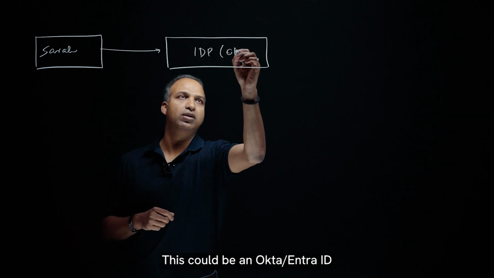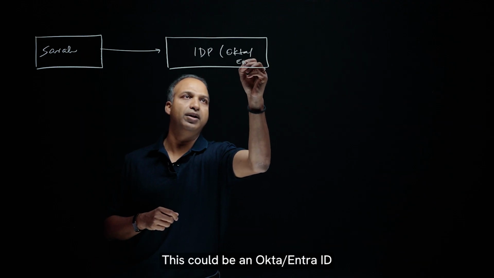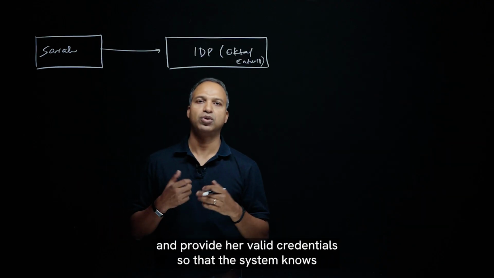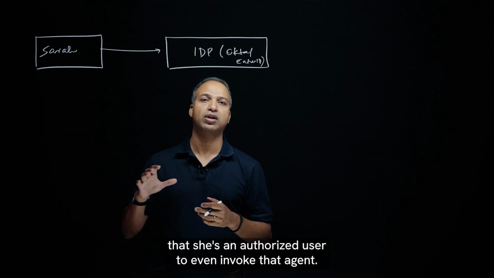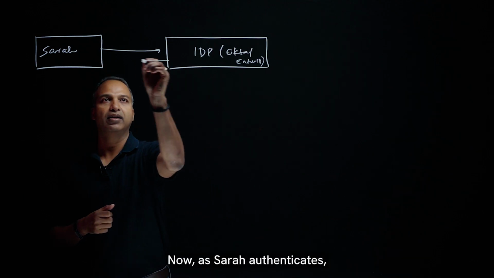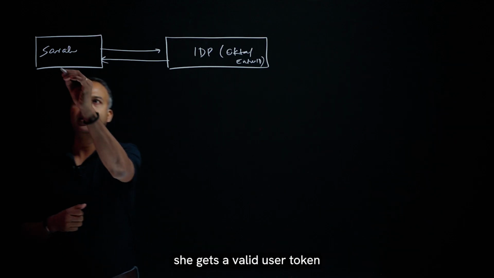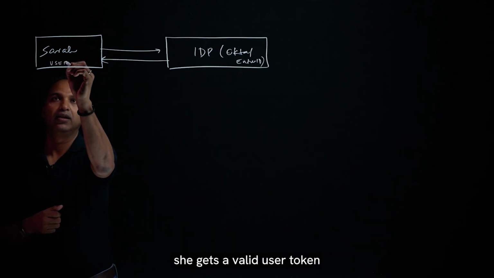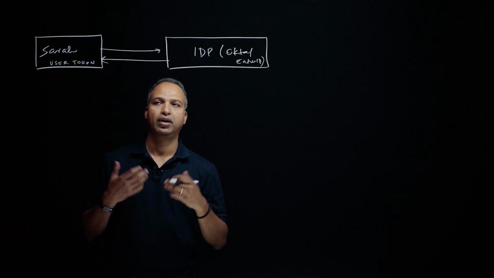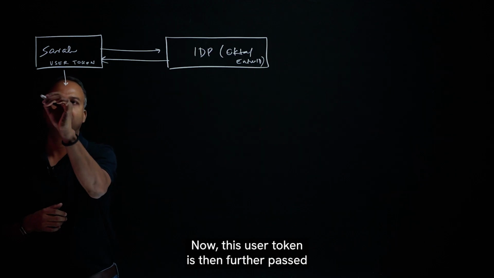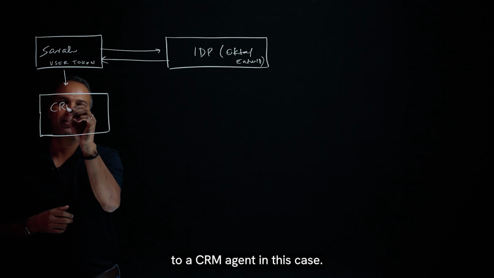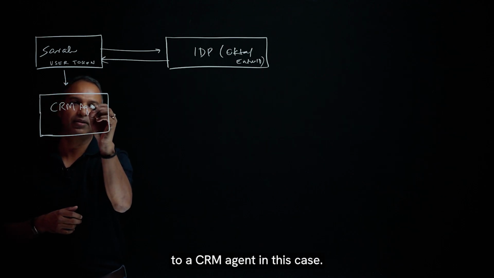This could be an Okta, Entra ID, and provide her valid credentials so that the system knows that she is an authorized user to even invoke that agent. Now, as Sarah authenticates, she gets a valid user token from the IDP. Now, this user token is then further passed to a CRM agent in this case.